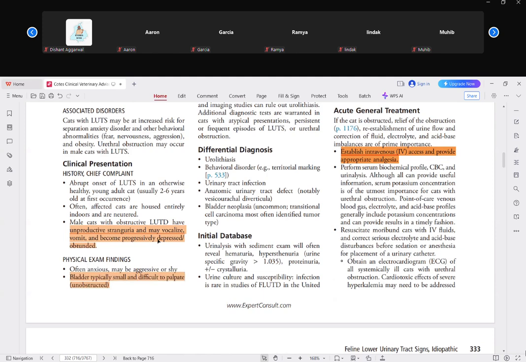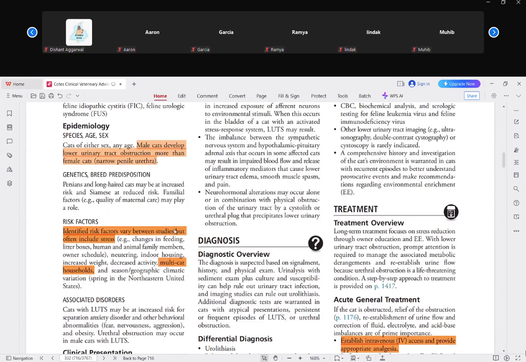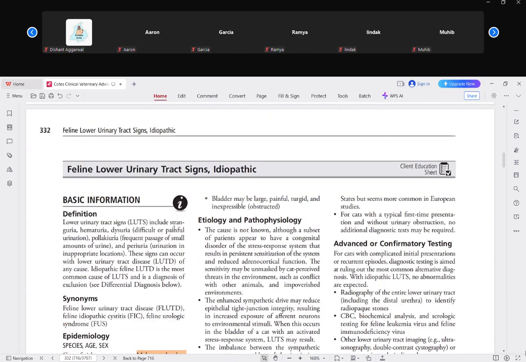So there could be two clinical presentations of FLUTD. Either it could be obstructive FLUTD or it could be non-obstructive FLUTD. Okay. In case of obstructive FLUTD, you're going to find obstruction, a large bladder. Okay. In case of non-obstructive FLUTD, you're going to find a small bladder. Okay. So in case of non-obstructive FLUTD with a small bladder, your differentials should also include bladder rupture too.